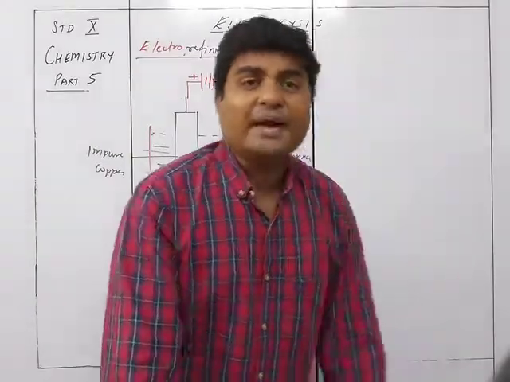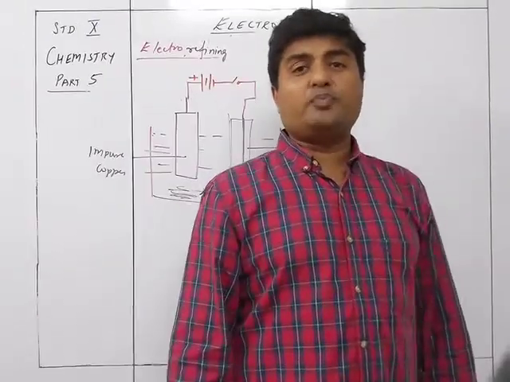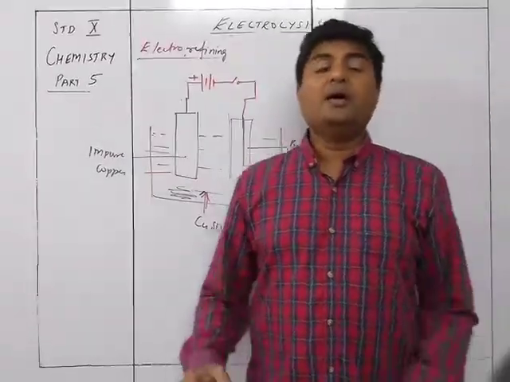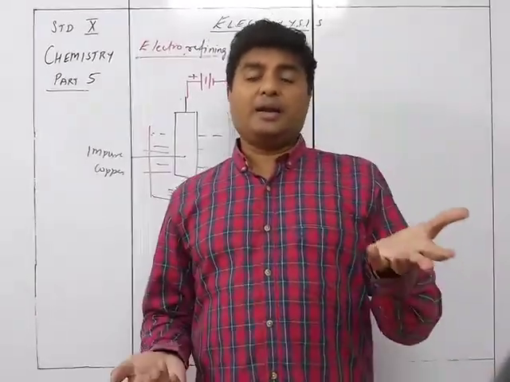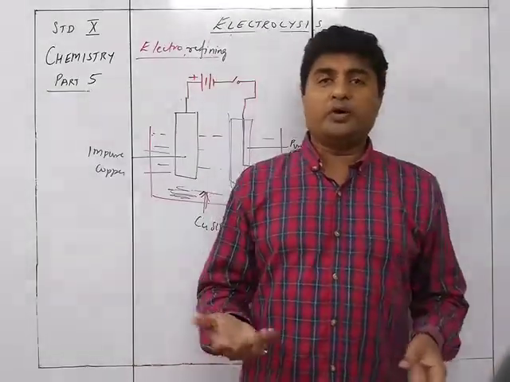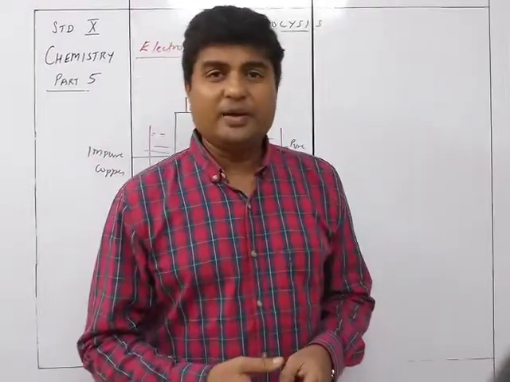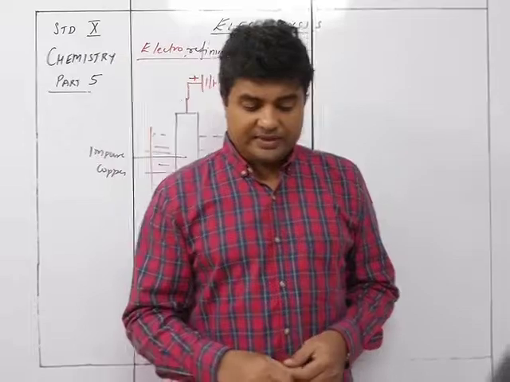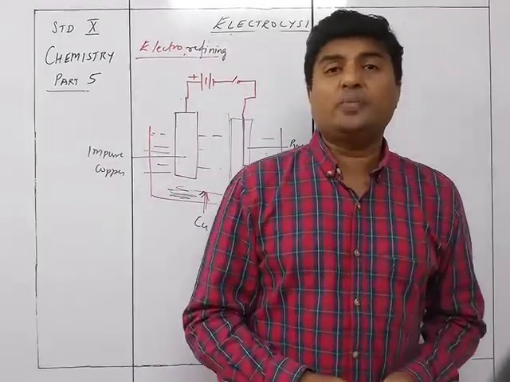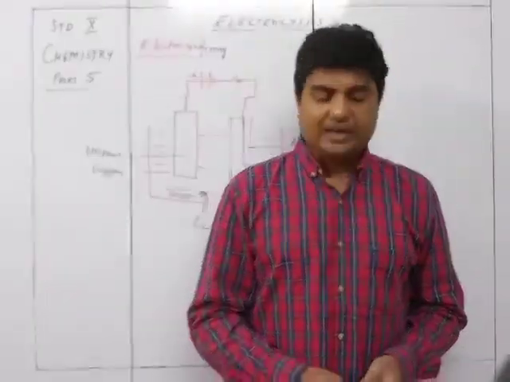Whereas mercury and silver are those kinds of metals whose oxides are totally unstable. That means if I have oxide of mercury or oxide of silver and I just heat it, the oxygen is going to run away. So they are extracted by thermal decomposition.